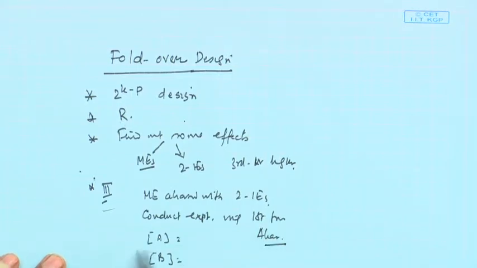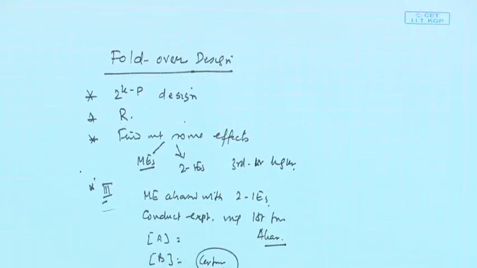By observing this, you will have some preliminary idea. Like here we said that A, B and D are significant. But what happened, as A is interacted with B, D also, and B and D are significant.